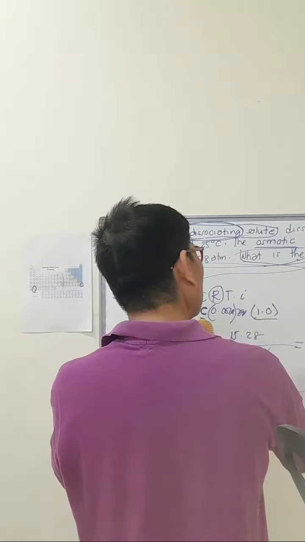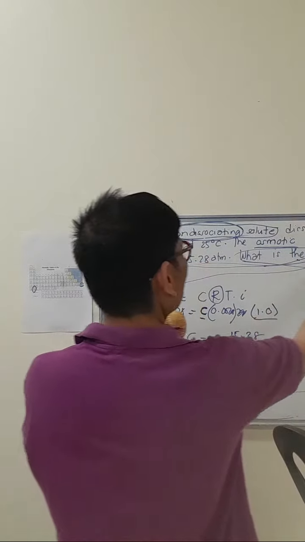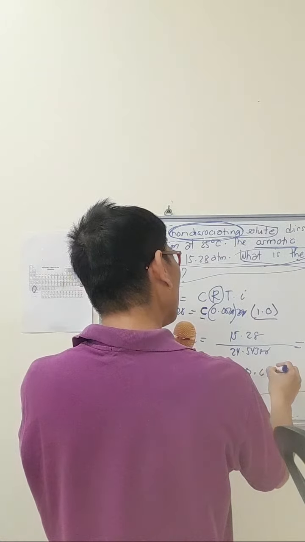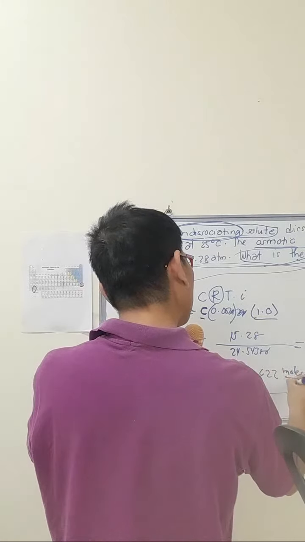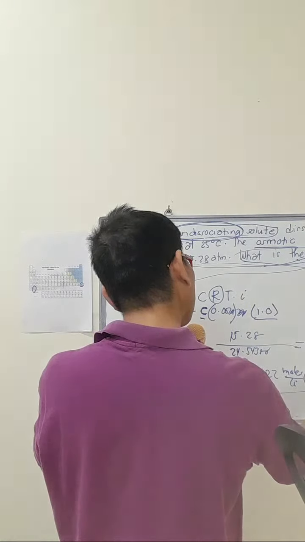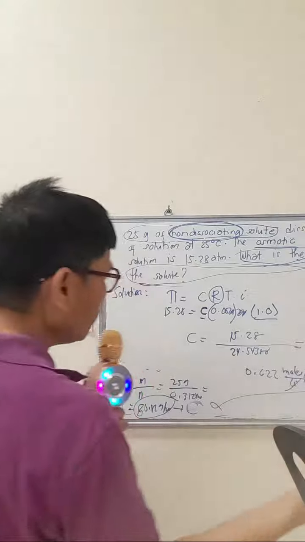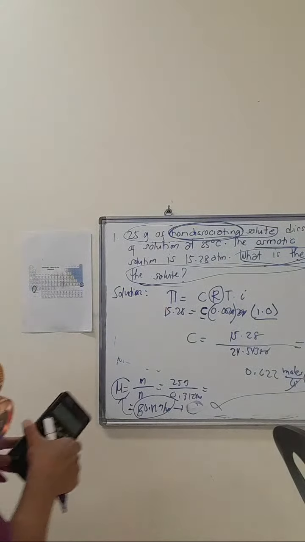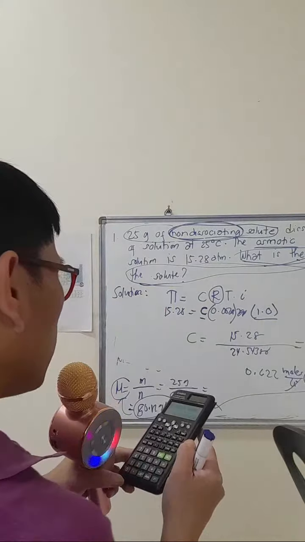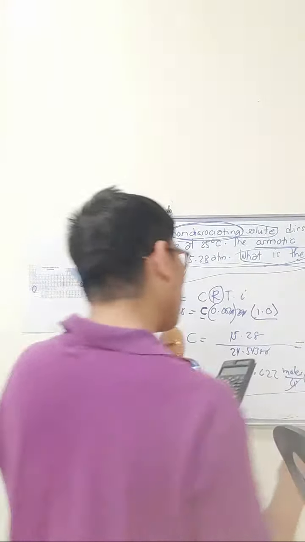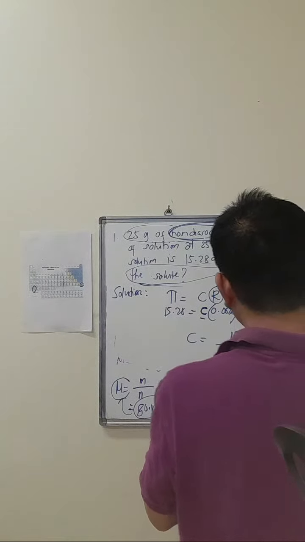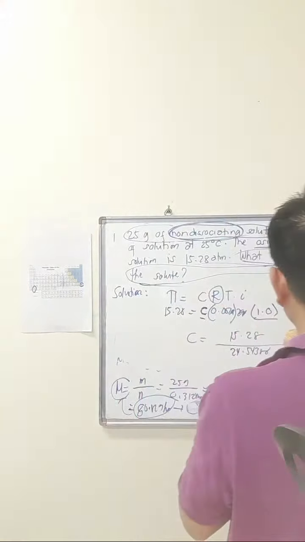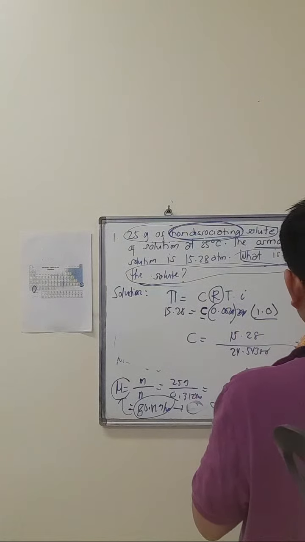If we have a concentration of 0.622 moles per liter and a volume of 500 mL, we use dimensional analysis: 0.622 moles per liter multiplied by 0.500 liter cancels the liter, and we have the moles. That is equal to 0.3112 mole.